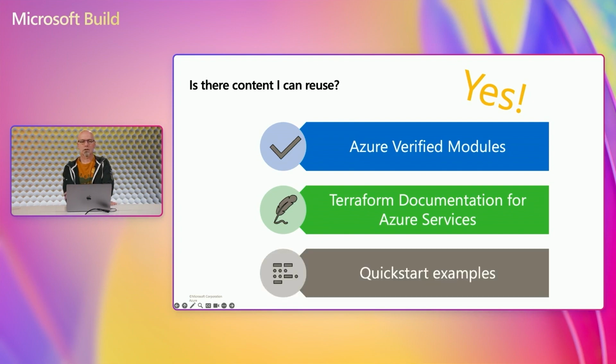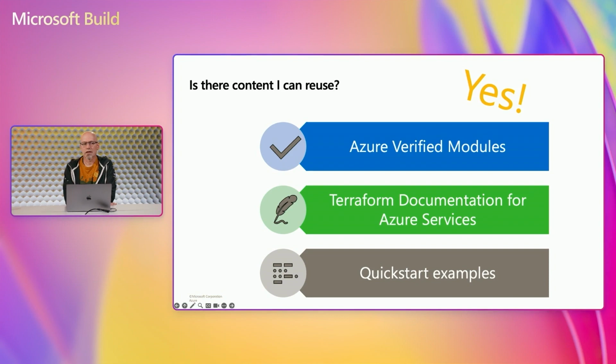And the last thing is, if you're not familiar with a service and configuring it with Terraform specifically, having some examples to get you started is super helpful. We have a repo that we contribute to and we own, and that other Microsoft employees actually contribute to as well, and it's open to the community to contribute to.